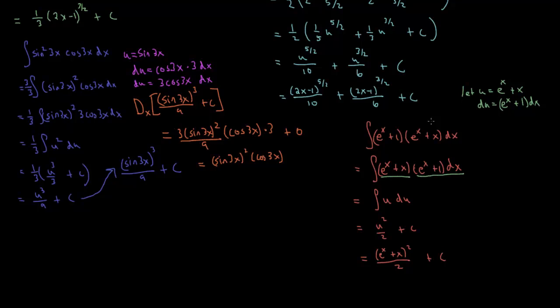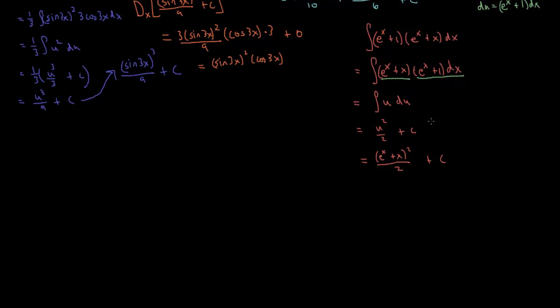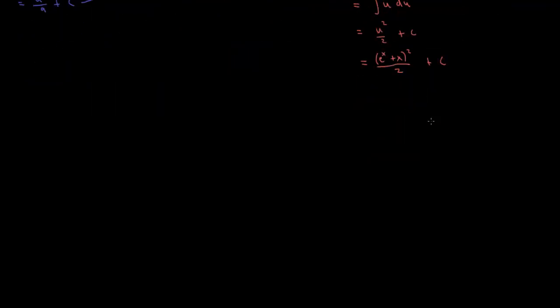The only thing we have to be careful of is our limits of integration. Okay, so let's look at an example. These are going to look very similar, but they're going to have limits of integration. Whenever you have limits of integration, recall, we are dealing with definite integration as opposed to indefinite integration.